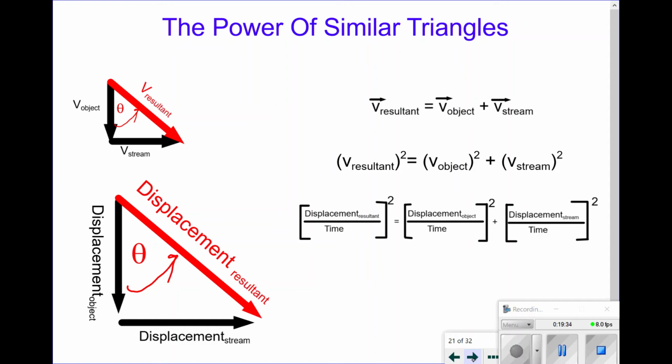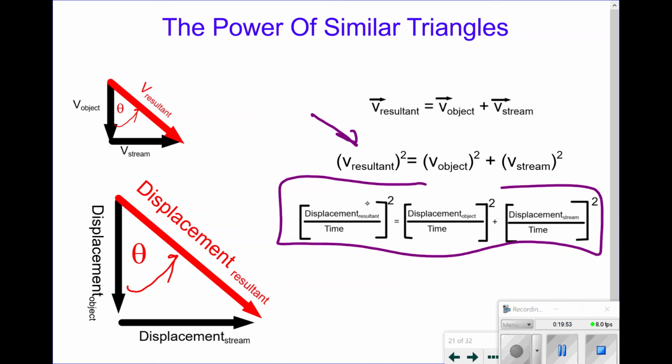In fact, here I have my resultant velocity triangle through the Pythagorean theorem. And if I was to write out my resultant velocity as the definition, displacement over time, I get the following expression down here. But let's say I was to multiply this equation all by time squared.